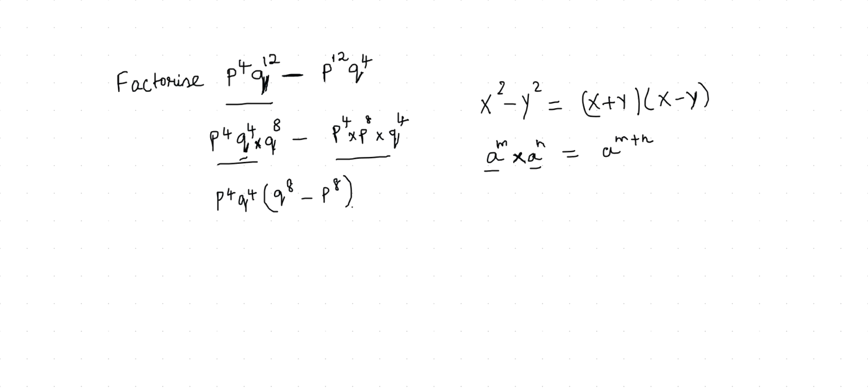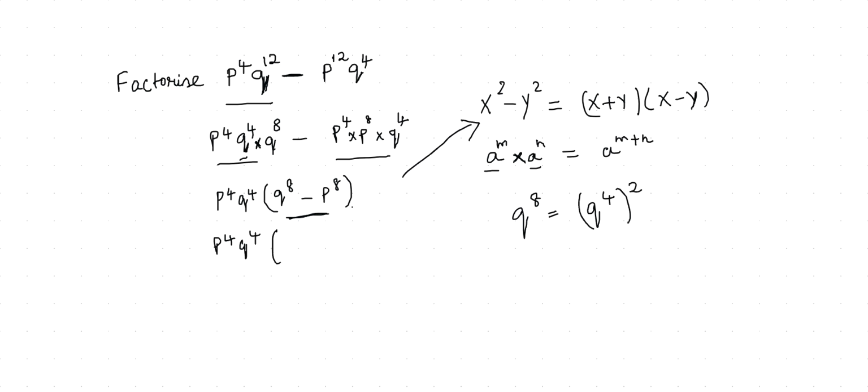Now look at this. In the term inside the bracket, I'm going to apply the identity x square minus y square. So I want to rewrite this in terms of the power 2. How do I rewrite that? Can I write q to the power 8 as q to the power 4 whole to the power 2?